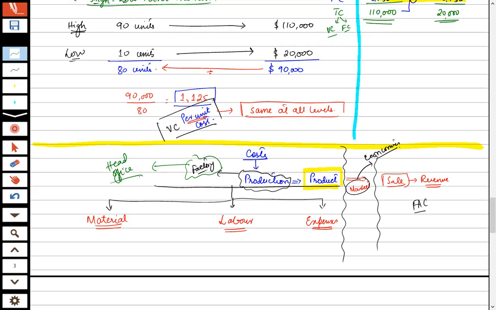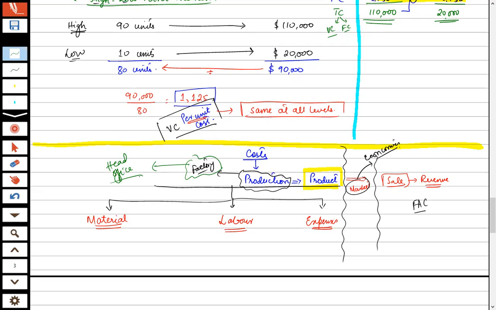In a head office there is HR, there is finance, there is marketing and selling. But in a factory there is no such department. There may be some processes, because they are concerned with the production of the product. They are not concerned with promoting it or selling it.